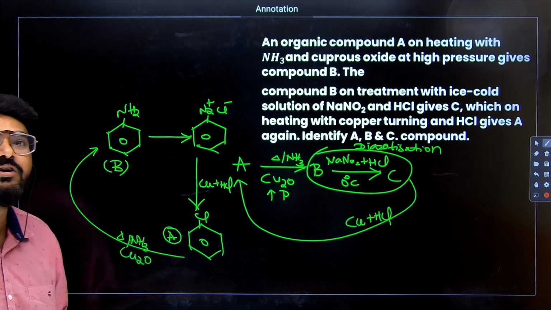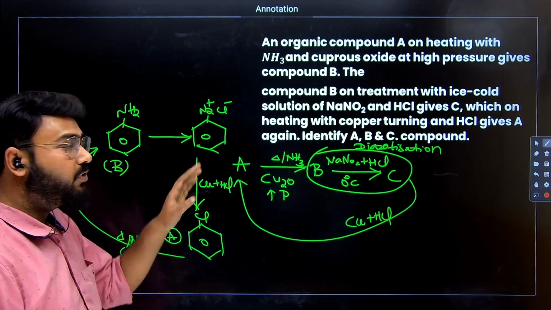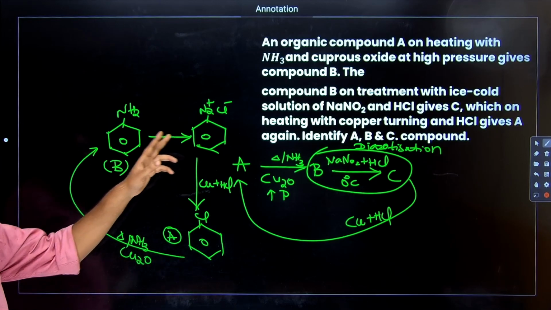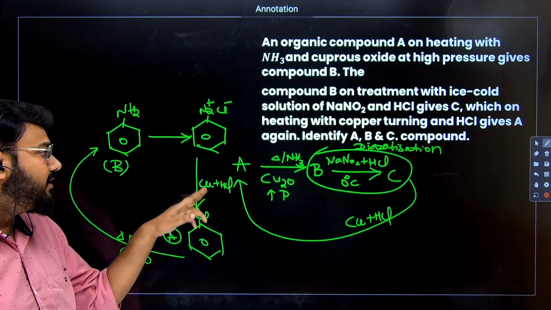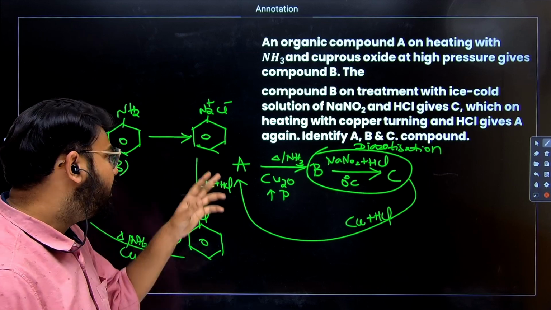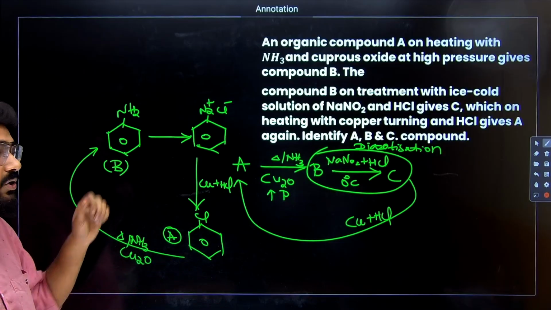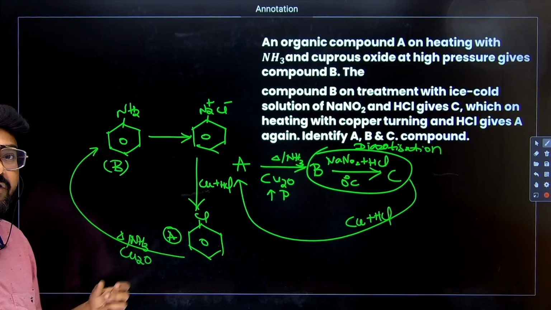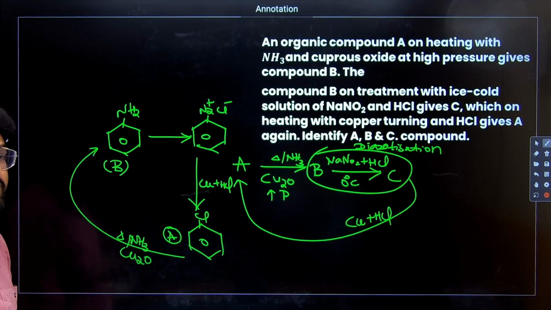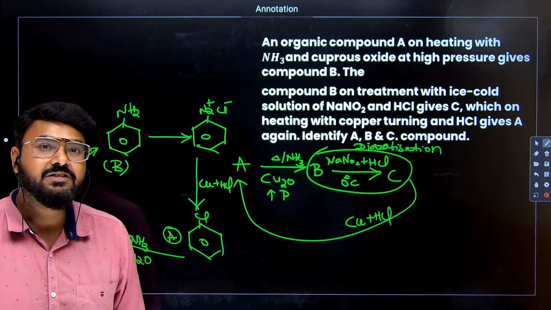So in that way, you learnt a conversion also, what is diazotization reaction from aniline to benzene diazonium salt, and what happens in the diazonium salt when we add copper and HCl, it forms chlorobenzene. Now how to convert chlorobenzene to aniline by heating with ammonia in the presence of cuprous oxide. So this is our second question.